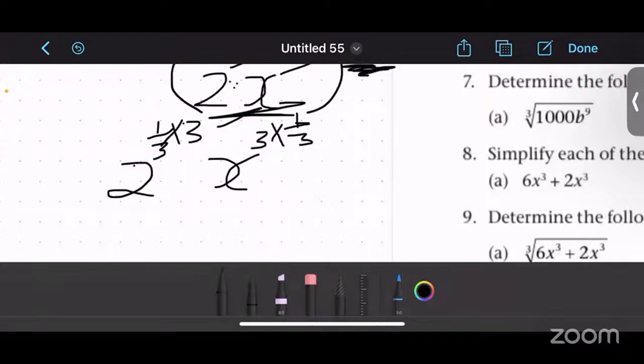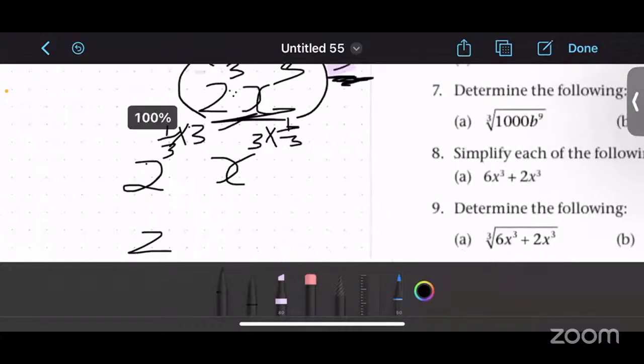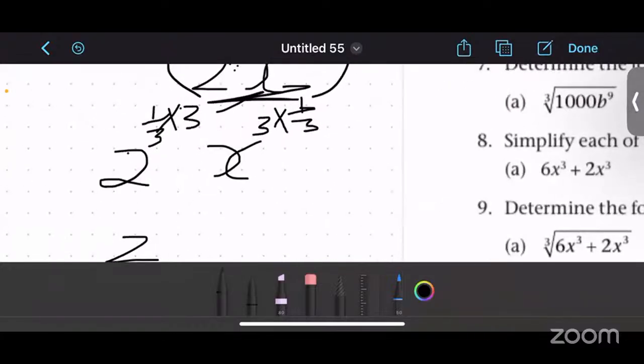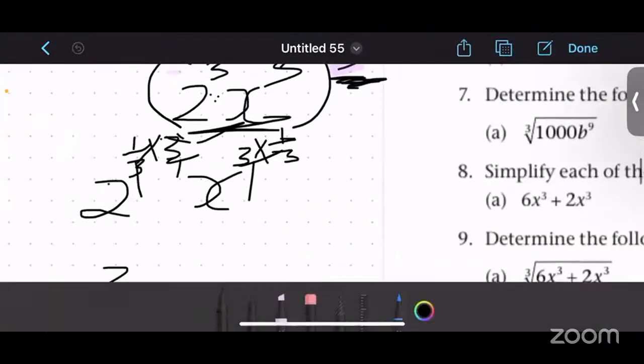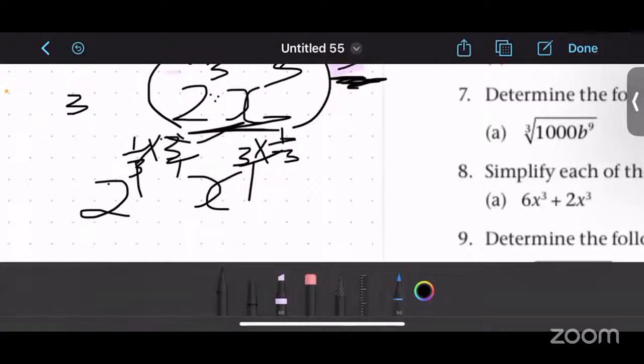Yes. Perfect. And then remember, if it's just a number, it's divided by 1. So we're going to have 3 multiplied by 1, and 1 multiplied by 3, okay?